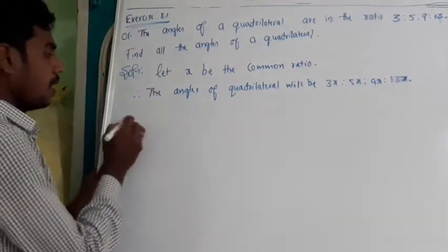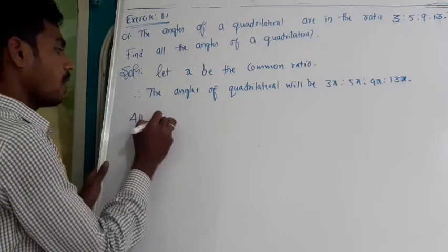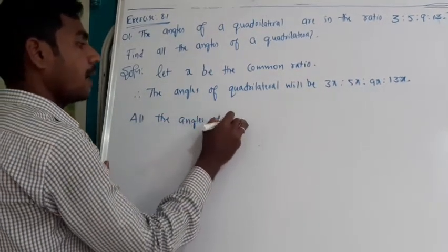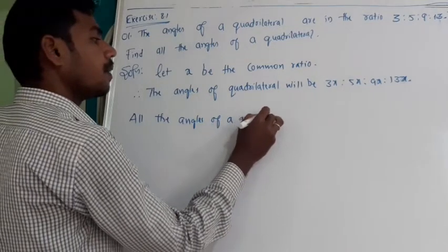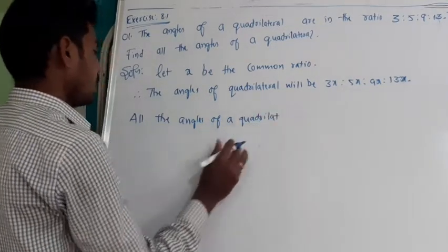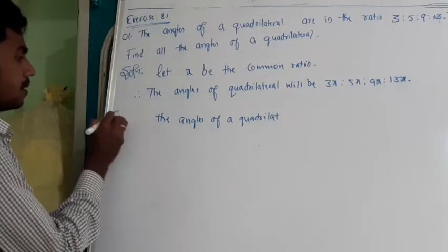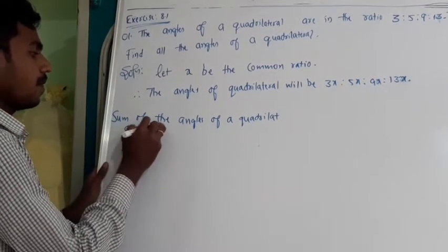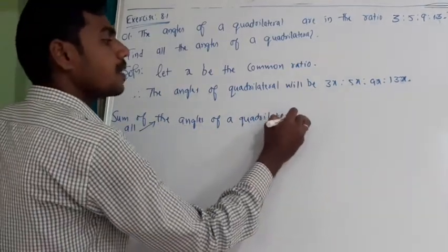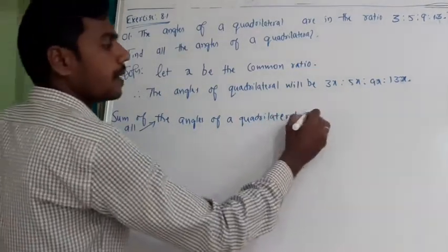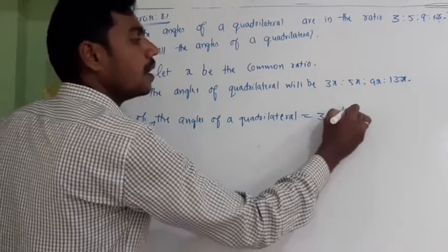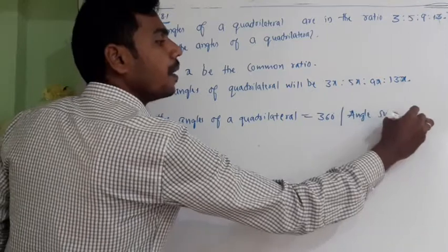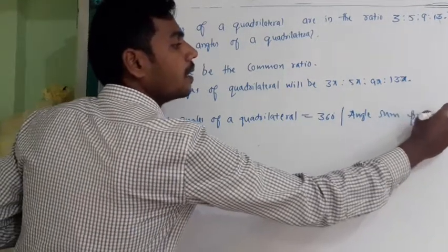And we know that the sum of all the angles of a quadrilateral will be equal to 360 degrees. This is the angle sum property of a quadrilateral.